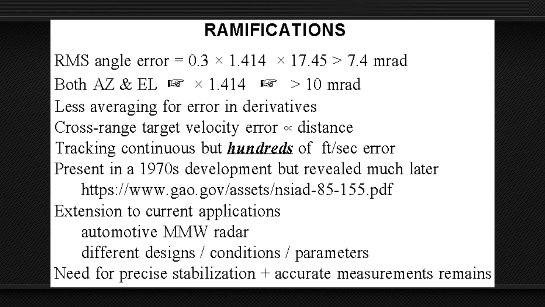Although continuous tracking is achieved then, accuracy depends heavily on quality of angle measurements, which thus far have been represented as somewhat speculative. It is now revealed that far from hypothetical, an even worse level of defects actually appeared in a 1970s development, and the truth emerged only after years had passed.